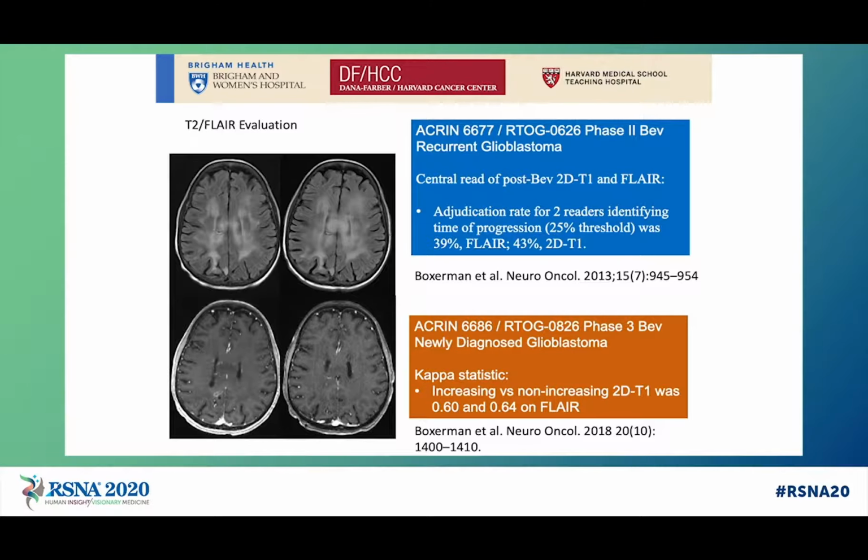For T1, it is not surprising since we hardly see much enhancement after bevacizumab treatment, but FLAIR is not much better. In phase 3 upfront trial, there is only moderate reader agreement to determine if tumor is increasing or not increasing on FLAIR images.